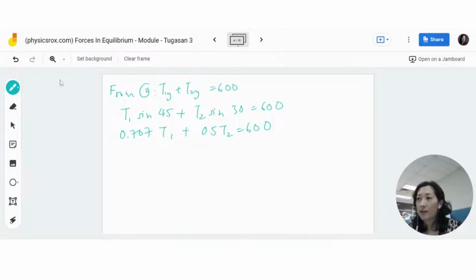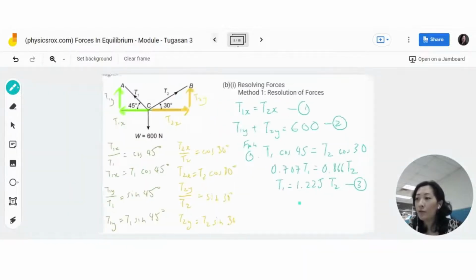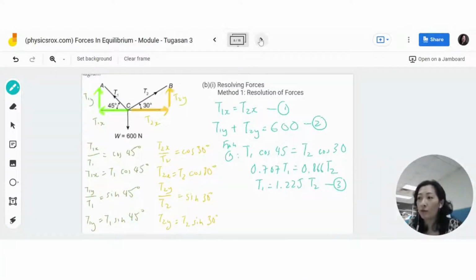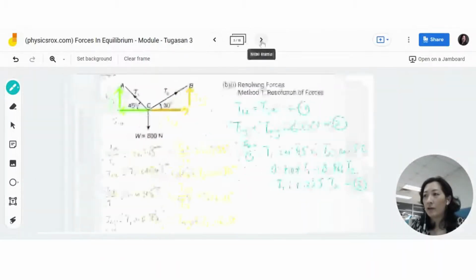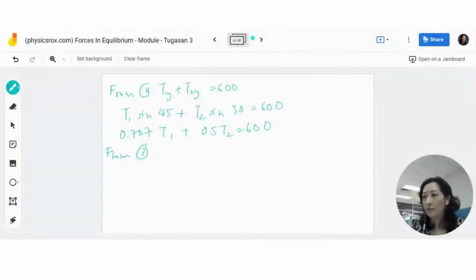Okay, so then how do we solve it next? We know from number 3, T1 is 1.225 T2. So from 3, we're going to sub that in. 0.707 times 1.225 T2 plus 0.5 T2 gives us 600.